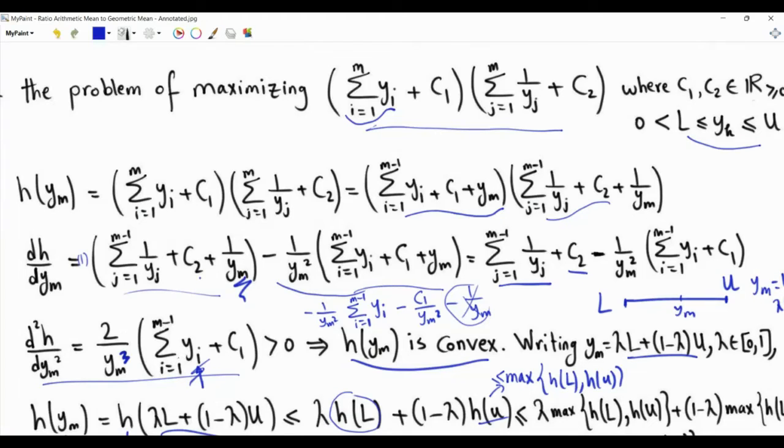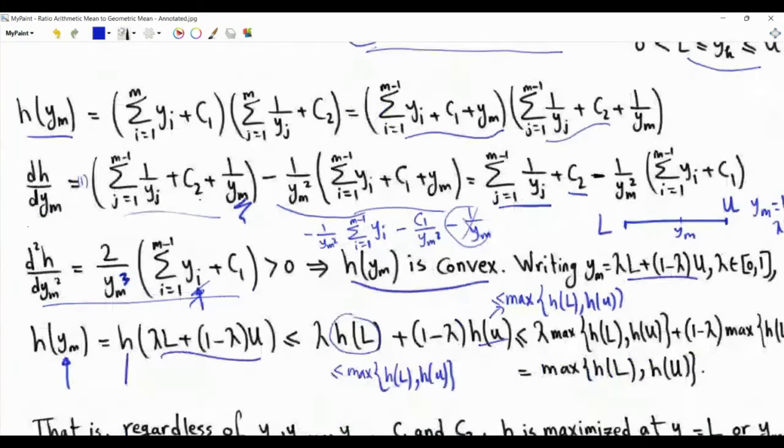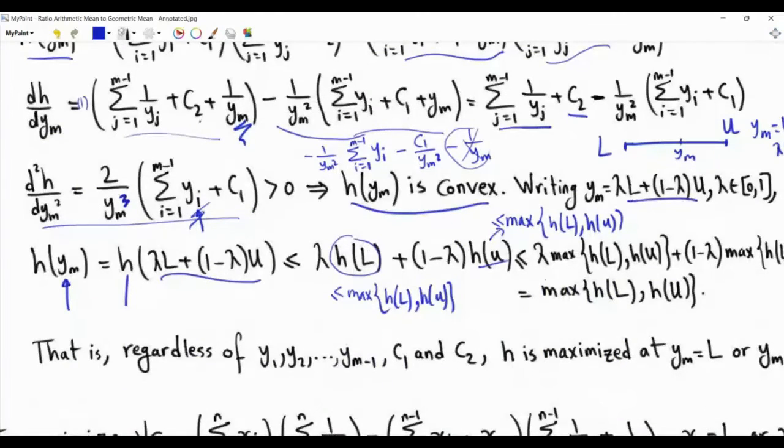We always have H being a convex function, and so it will achieve a maximum at the endpoints L or U.